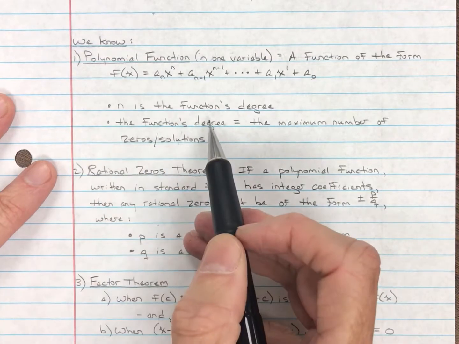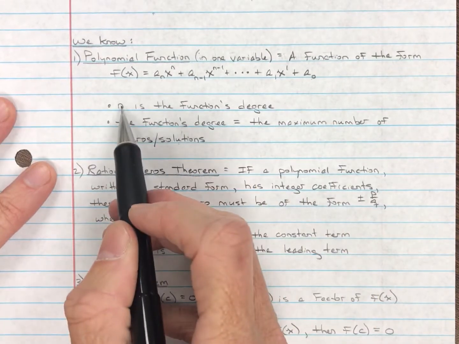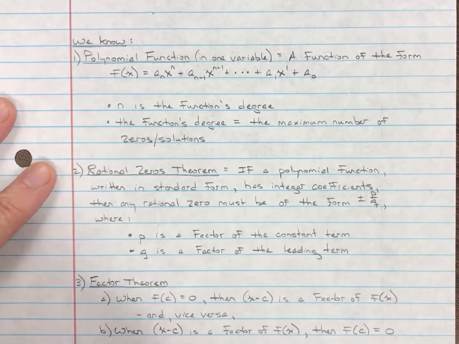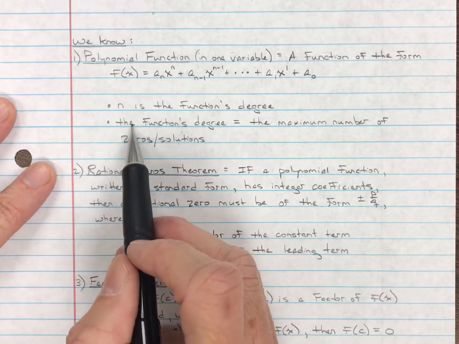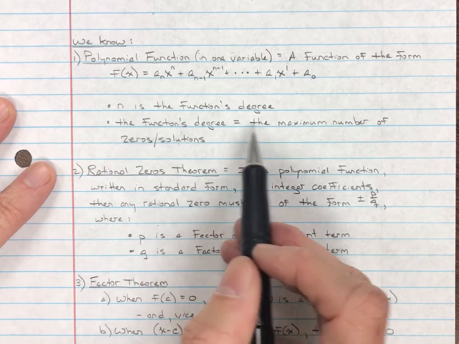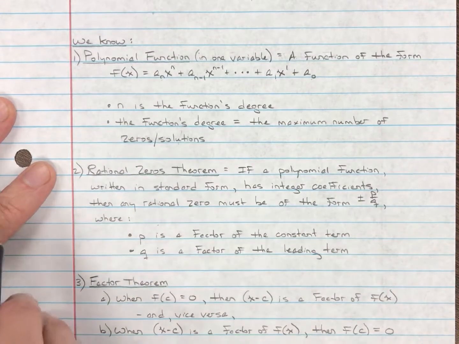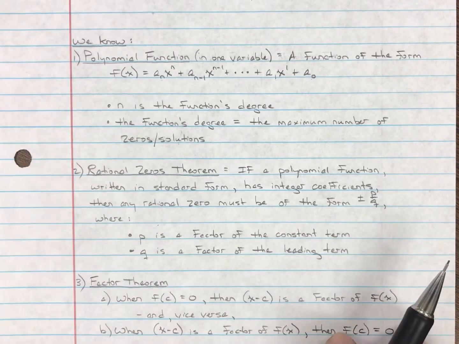Okay, within this, what's going to be applicable? That the n here is the function's degree, and the function's degree is equal to the maximum number of zeros, the maximum number of solutions, okay?